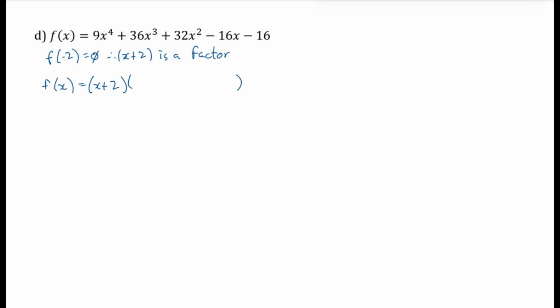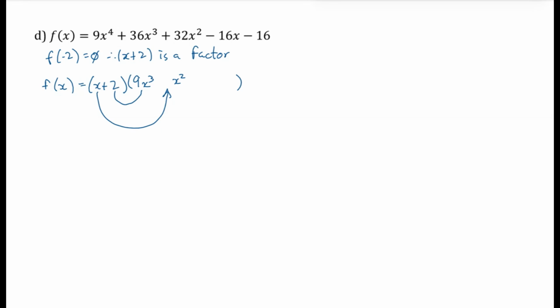So I know this is cubic, and I know that the first term is going to be 9x cubed. So I do x times 9x cubed, gives me 9x to the 4th. Now is where I have to think a little bit harder and recognize that this times this will give me an x cubed term, and this times this, whatever that is, is going to be x squared. Right, the next term in order will be an x squared term.